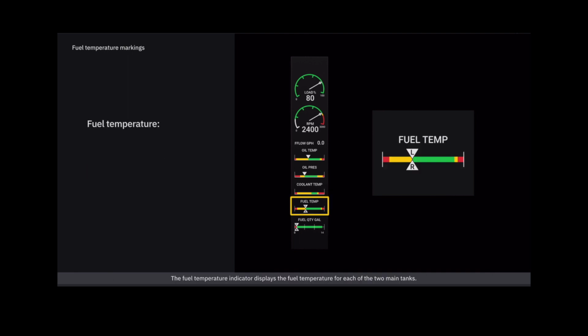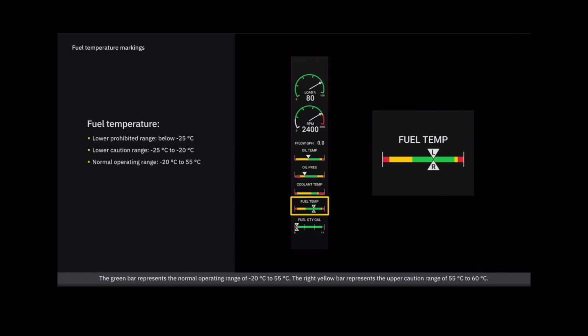The fuel temperature indicator displays the fuel temperature for each of the two main tanks. Pointers labeled L and R indicate the fuel temperature in the left and right tank respectively. The left red bar represents the lower prohibited fuel temperature range below -25 degrees Celsius. The left yellow bar represents the lower caution range of -25 degrees Celsius to -20 degrees Celsius.